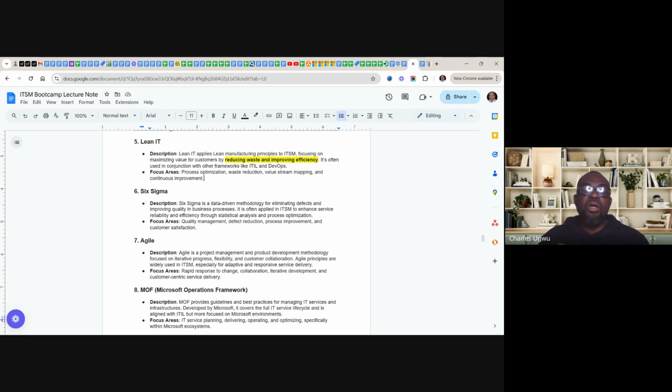It focuses on rapid response to change, collaboration, iterative development, and customer-centric service delivery. Everything about Agile is focused on your customer. How do you make customers happy? Customers in IT are anybody who is using IT services, whether employees or others; they are all customers, service users.